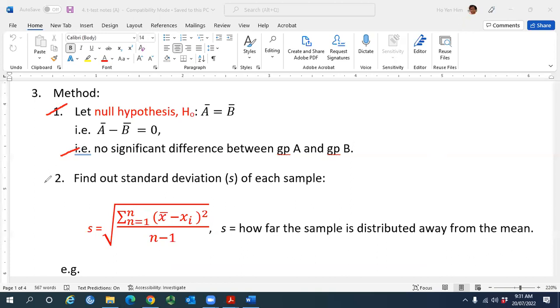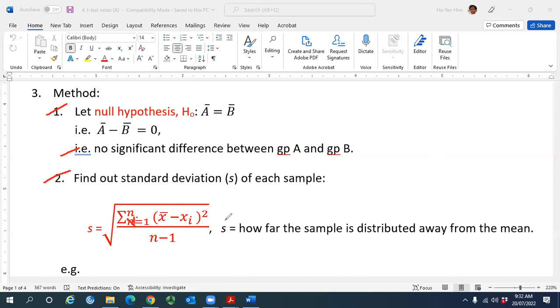So after that, calculate the standard deviation of the sample data. So use this formula to calculate. Now what I want you to do, I want you to change the n here, change it to i. This n is supposed to be i, so change it to i. Do you know the meaning of this formula or not?